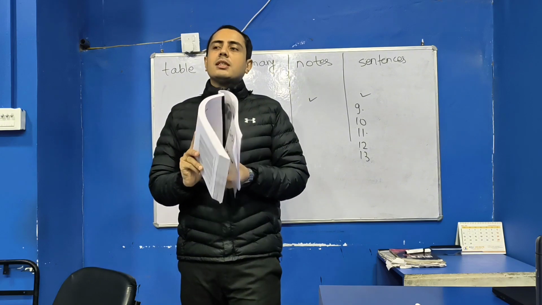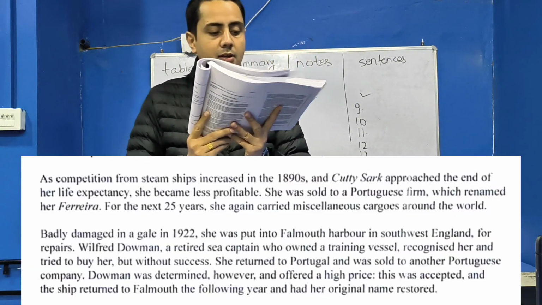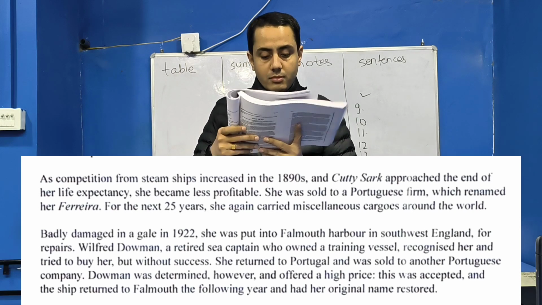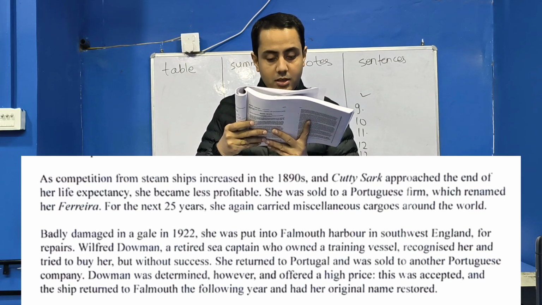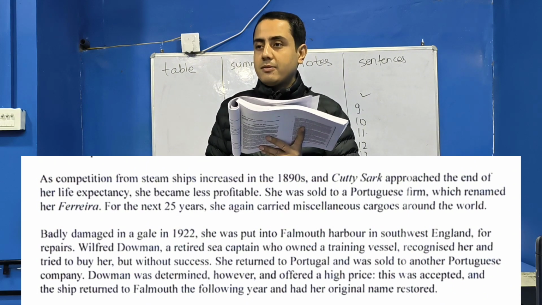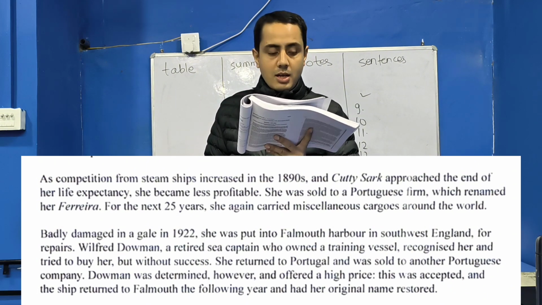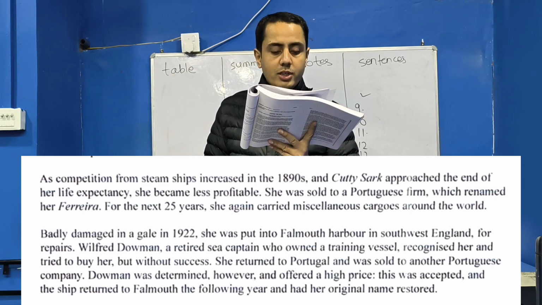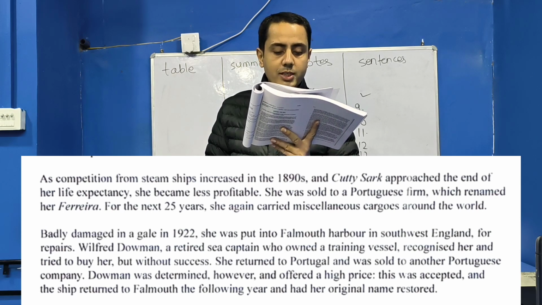So let's search in the text. From the third last or fourth last paragraph, did you see the word Falmouth? Okay, second last paragraph. Badly damaged in a gale in 1922, she was put into Falmouth Harbour in southwest England for repairs.